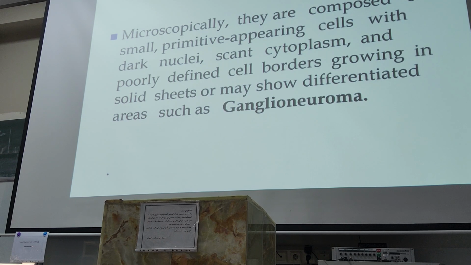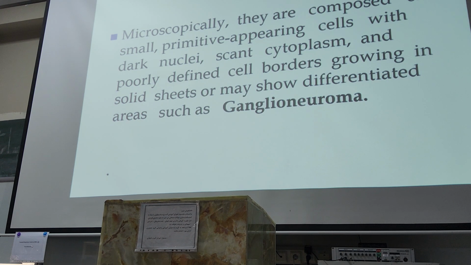The most differentiated lesion in this category is ganglioneuroma. Okay? Do you know what a neuroblast is? Neuroblasts are the original cells in our body. Neuroblasts can differentiate into neuronal cells or ganglion cells.